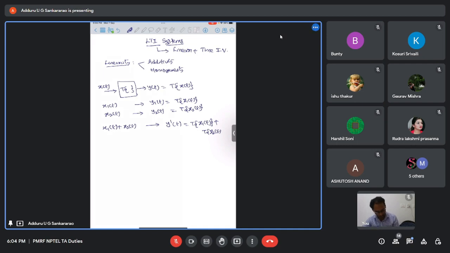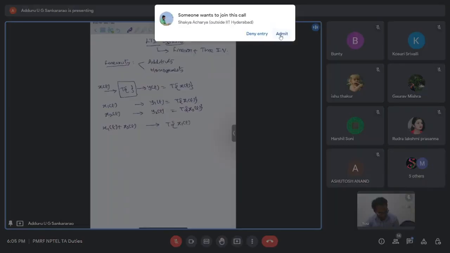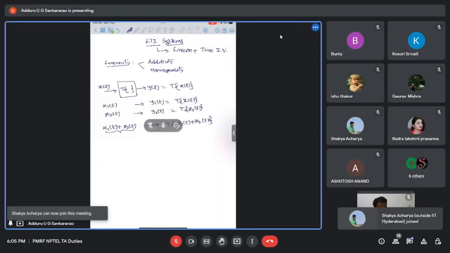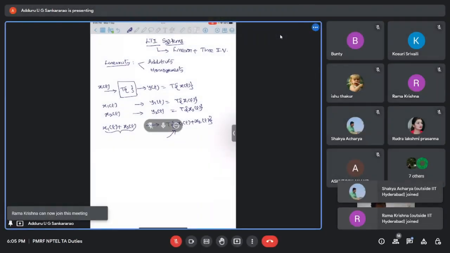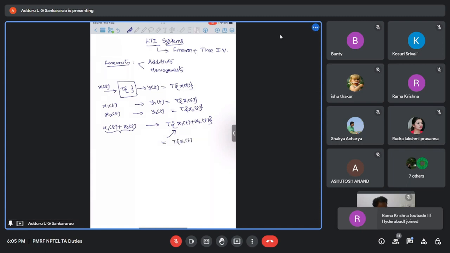That means when I give the input as the combination x1 plus x2, treating it as a single signal, the output is T of x1 of t plus x2 of t. Now if this is equal to y1 plus y2, that is T of x1 of t plus T of x2 of t, then the system follows the additivity property.